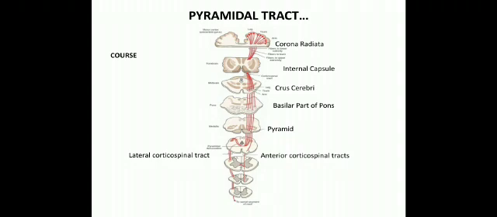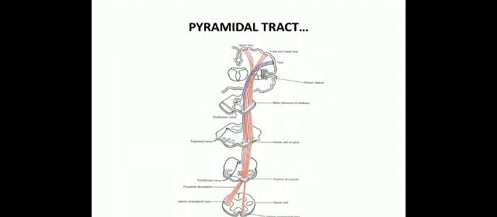Thus, in the spinal cord, there are two corticospinal tracts: the lateral crossed and the anterior uncrossed, and most of the uncrossed fibers cross to the opposite side before termination. Diagrammatically, we can represent the pyramidal tract like this, in a simpler form.